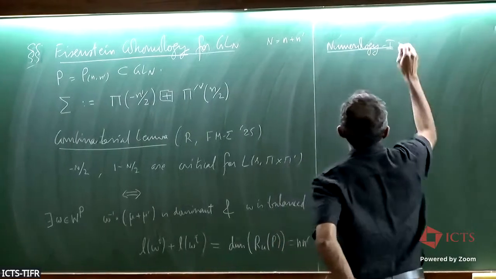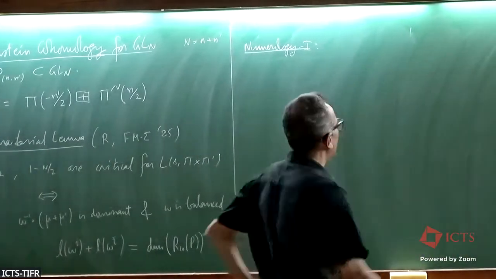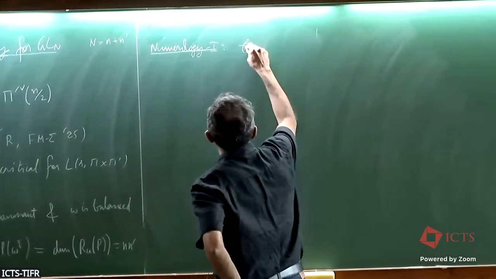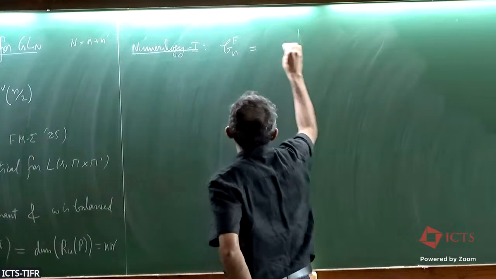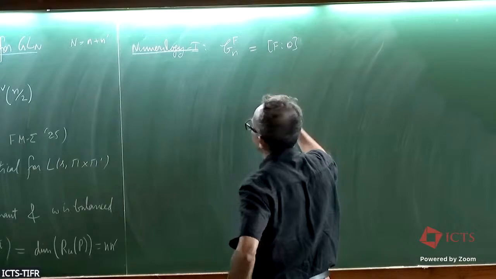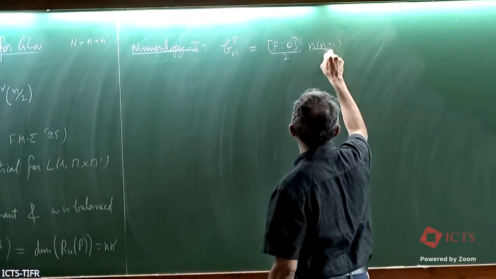What this achieves for us, after a little bit of numerology, this is the first numerology which somehow makes the whole game work, is to state this numerology. Let me introduce a notation. I'm going to denote Bn sub Bnf to be this number, the degree of F over Q, and there's a CM field, it's even, times n into n minus 1 by 2.